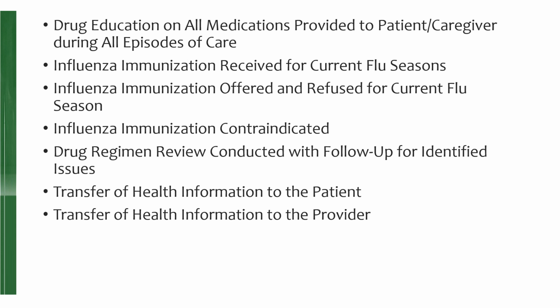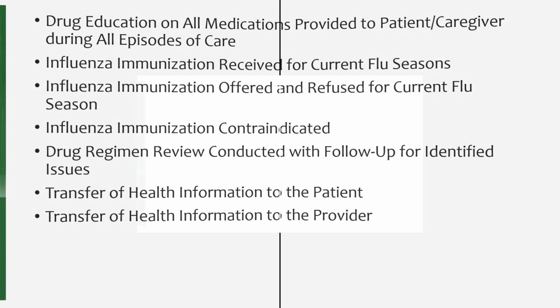The other home health process measures are drug education on all medications provided to patient/caregiver during all episodes of care, influenza immunization received for current flu seasons, influenza immunization offered and refused for current flu season, influenza immunization contraindicated, drug regimen review conducted with follow-up for identified issues, transfer of health information to the patient, transfer of health information to the provider.